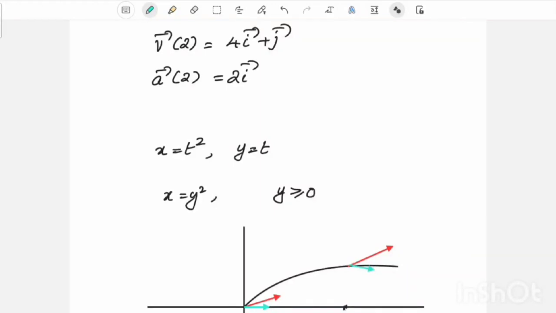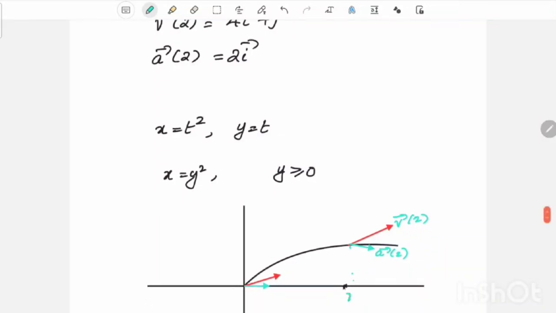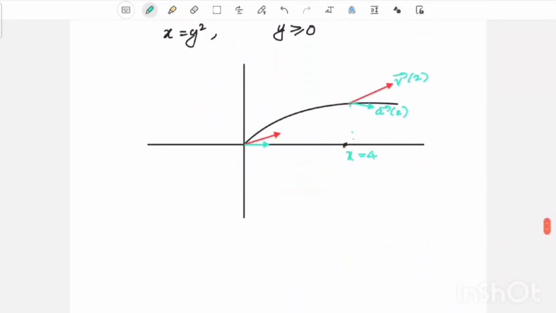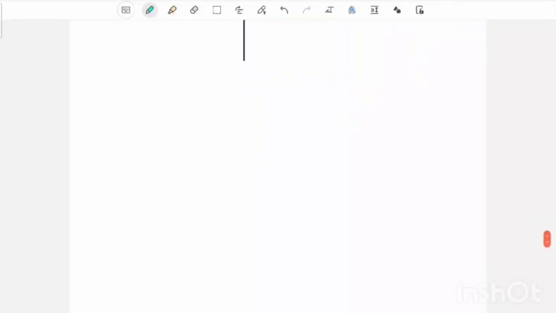This is v of 2 and this is a of 2. When t is equal to 2, x is equal to 4. Like this we can sketch the path of other moving objects and the given vectors. Thank you.